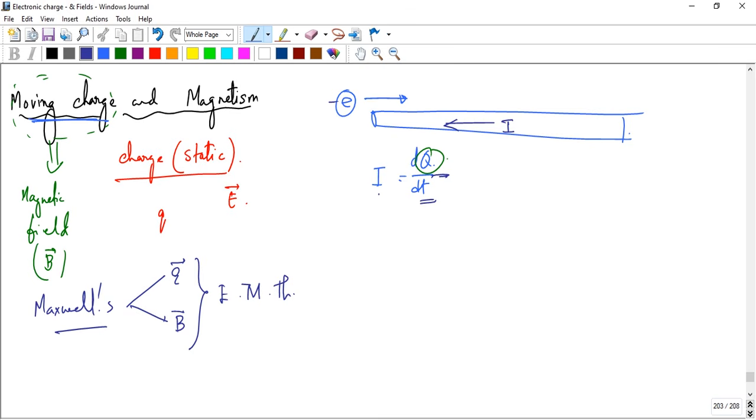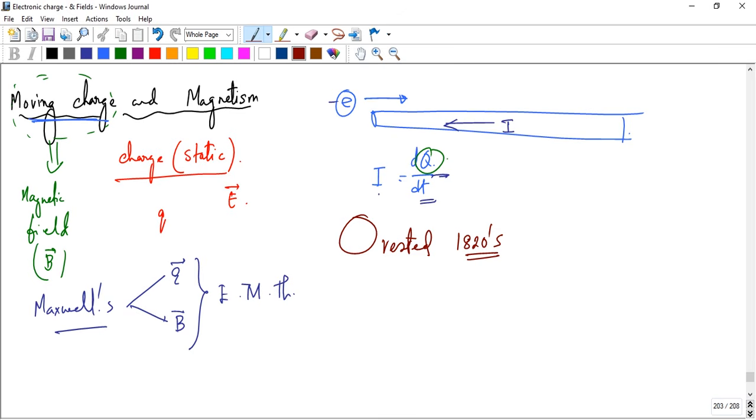The scientist Hans Christian Ørsted, in the 1820s, when he was taking a class, noticed that when a current passed through a wire, there was some deflection in the magnetic compass needle.